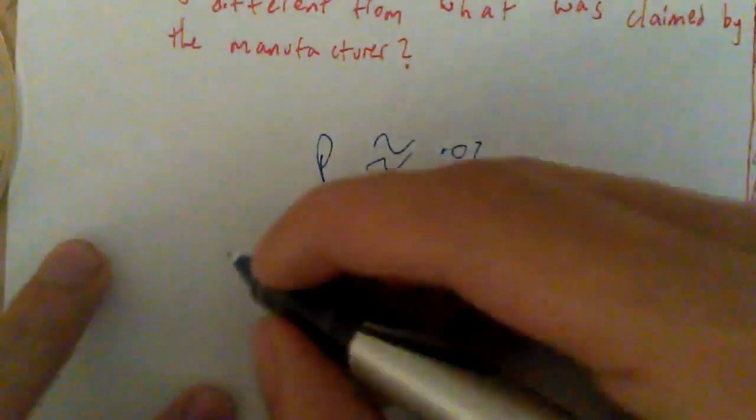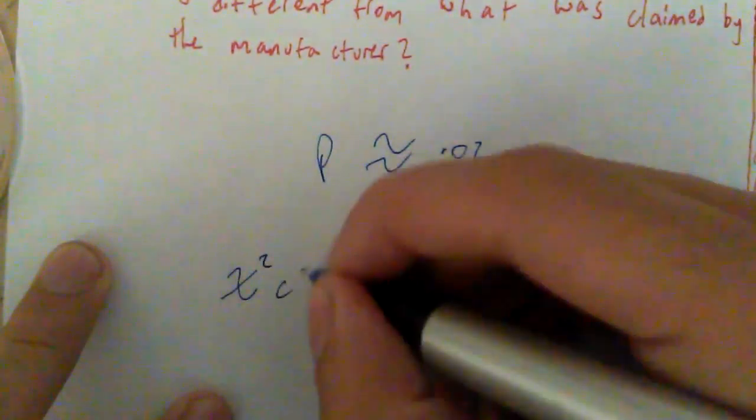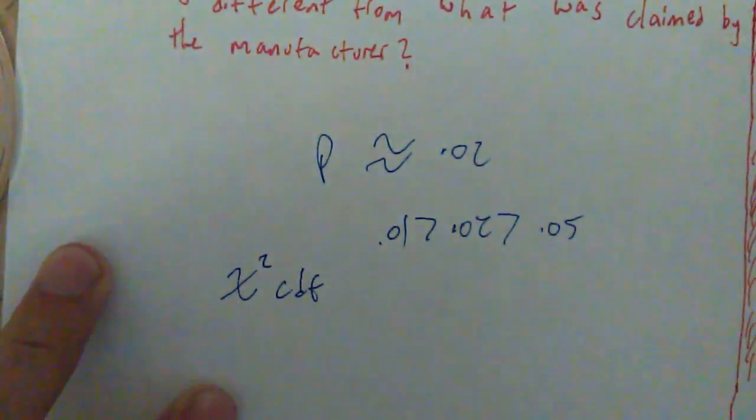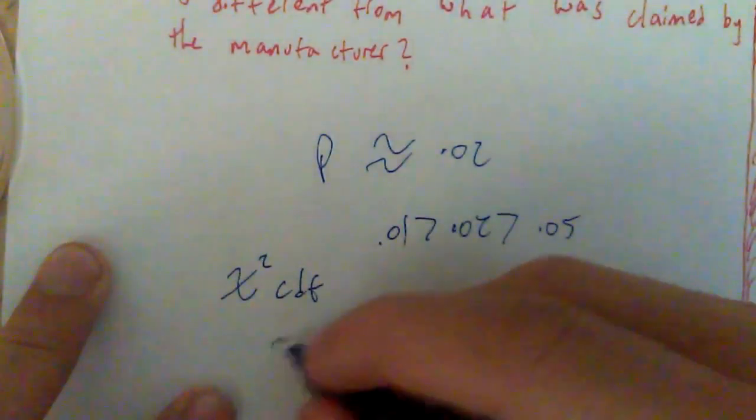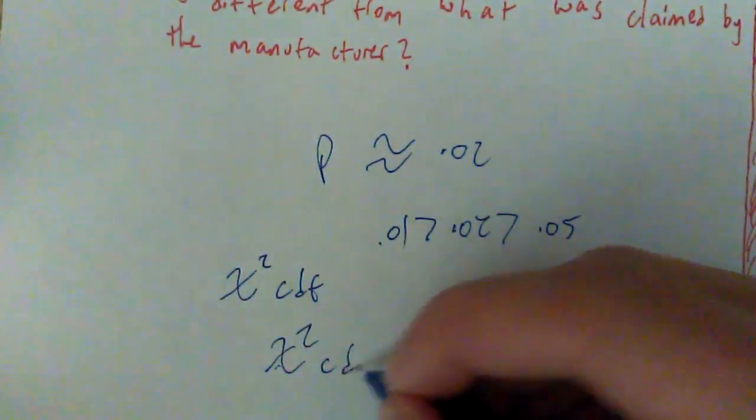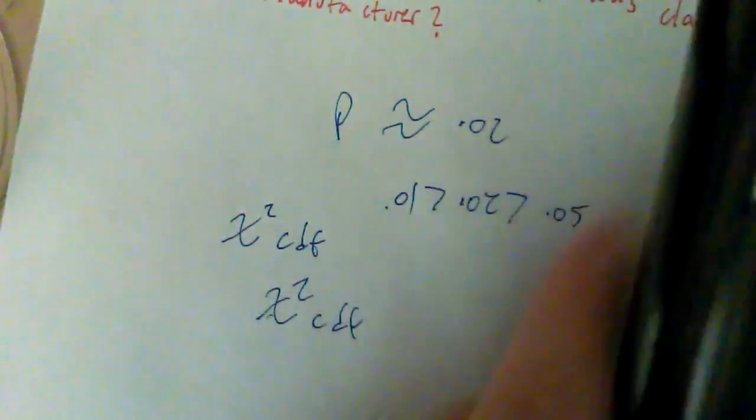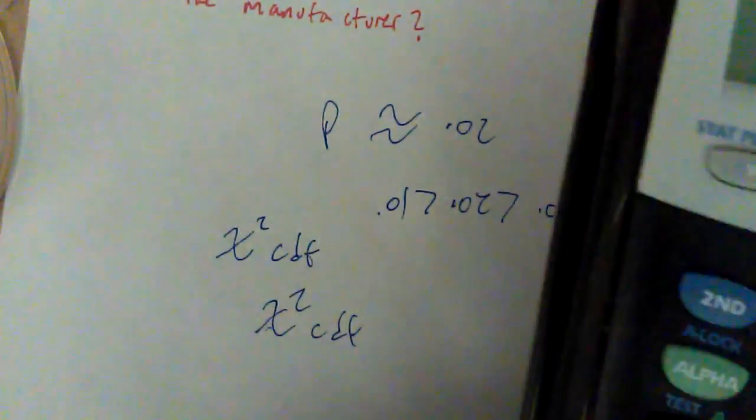Now the way the card goes about doing it is a chi-squared CDF, which I did not know existed, which is great because now I do. So you do a chi-squared CDF, same location as the rest of the other CDFs. It should be number 7 on a TI-84.